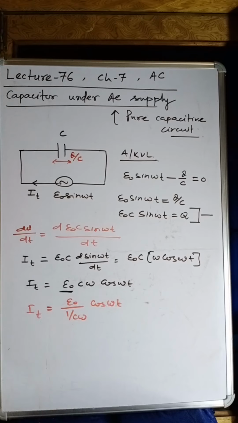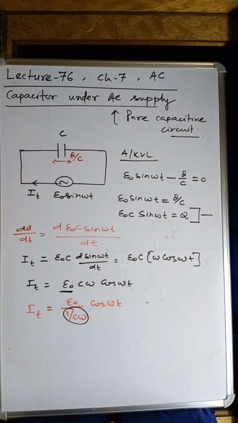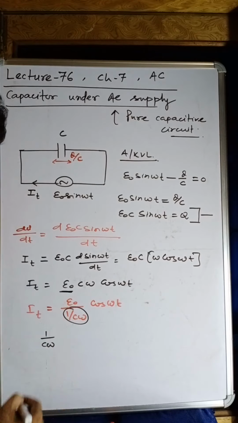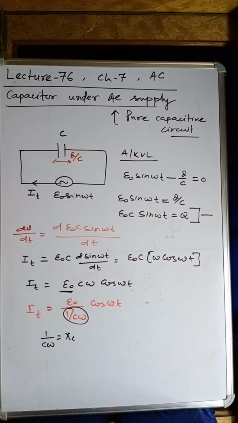Now, if this factor is a resistance, then of course it becomes current. And yes, it is a resistance, but this is known as the capacitive reactance.